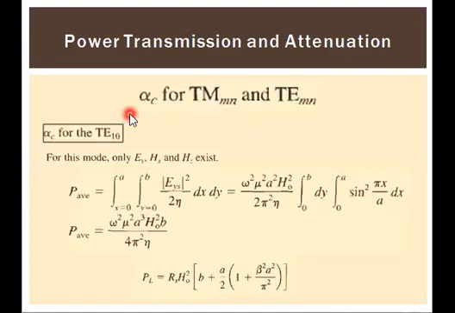Now if we calculate the attenuation for ohmic or conduction loss, then alpha C for the TE10 mode. Till now we have considered TMmn or TEmn modes, where m and n may be any number.